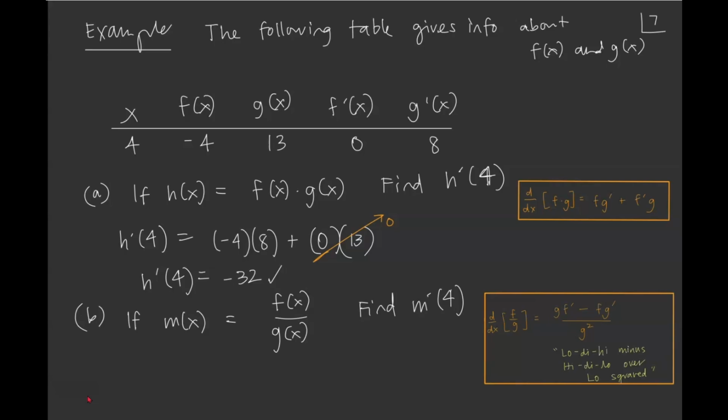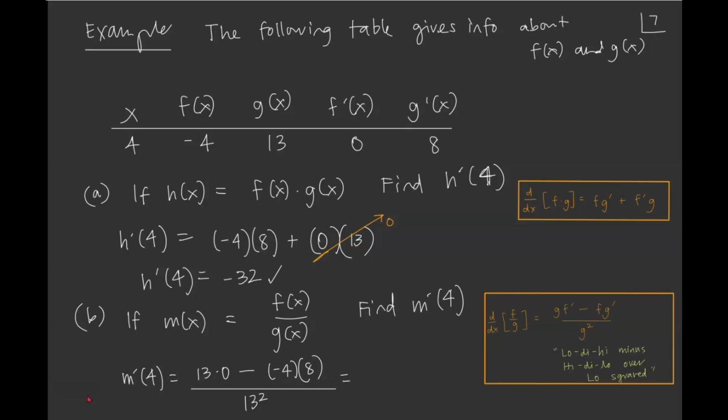So low is g of 4, that would be m prime of 4. g of 4 is 13 times f prime of 4, which is 0, minus f of 4, which is negative 4, times g prime of 4, which is 8, all over g of 4 squared, so 13 squared.